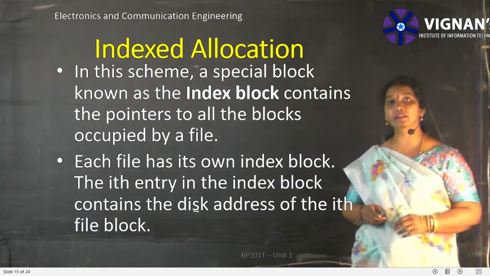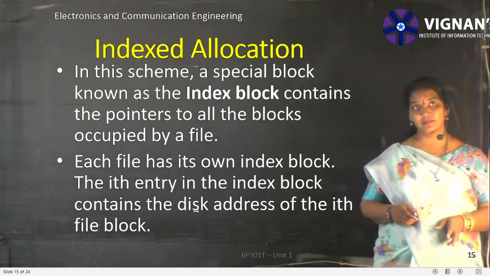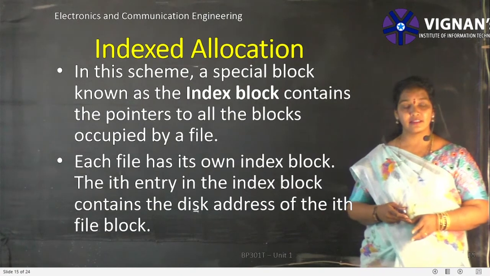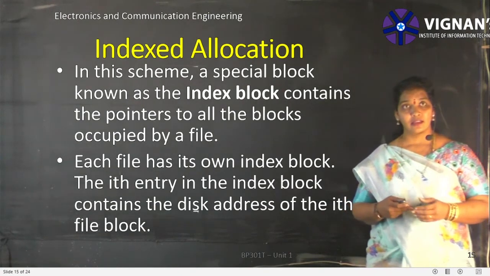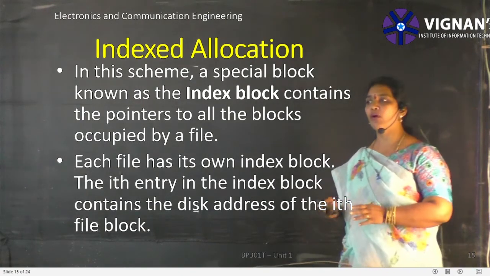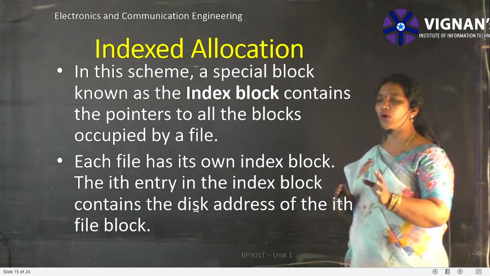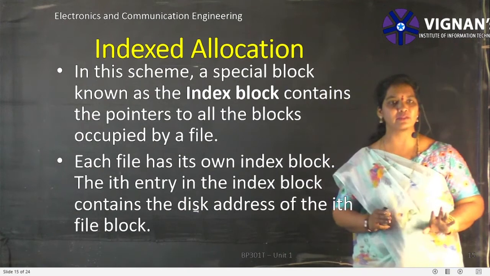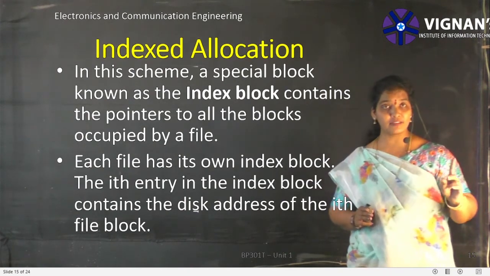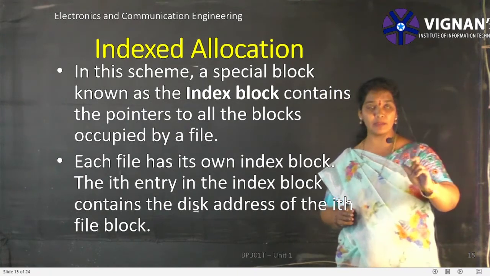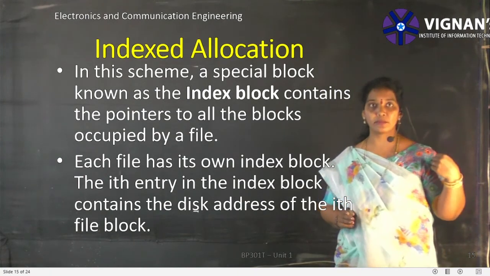Then comes our indexed allocation. In this case, a special block known as the index block contains a pointer to all the blocks occupied by the file. In linked list allocation, each and every block has a pointer to the next block.